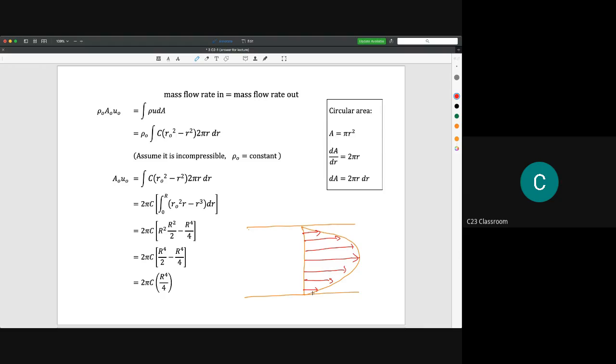So we need to calculate this by the idea of integration. Normally we take, not the center.